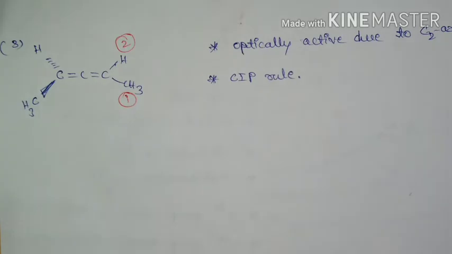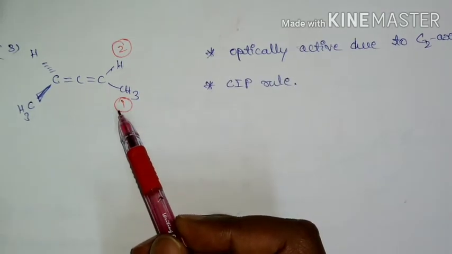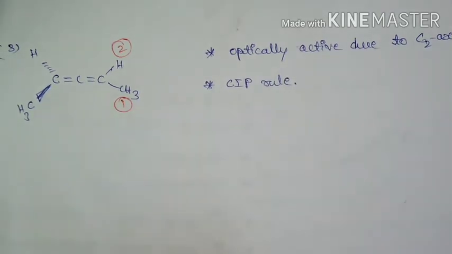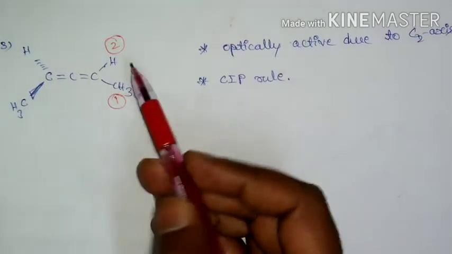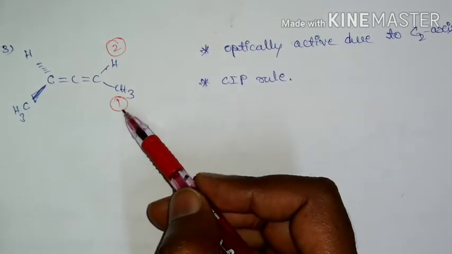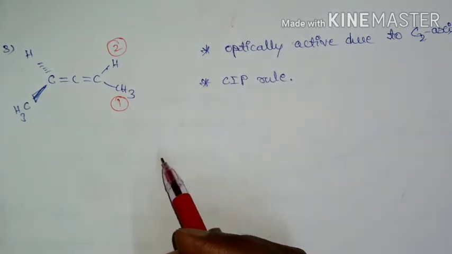Then we move on to give priority numbers for the dashed and wedge bonds. This is one method: we can assign the configuration just by giving priority starting with the bonds which are in the plane. Among these two groups, carbon will take first priority and hydrogen will take second priority.